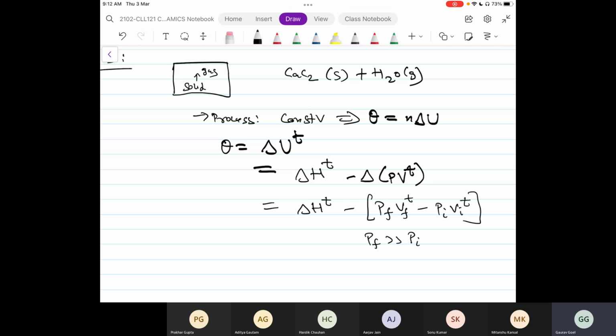All right. So now the rest of the calculation is similar to chapter 4. The only difference being, in chapter 4, we were modeling our gases as ideal gases. Here, I need to model my gases as real gas, especially because the pressure in the end state is quite high.